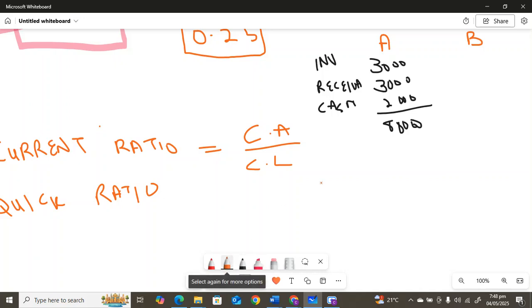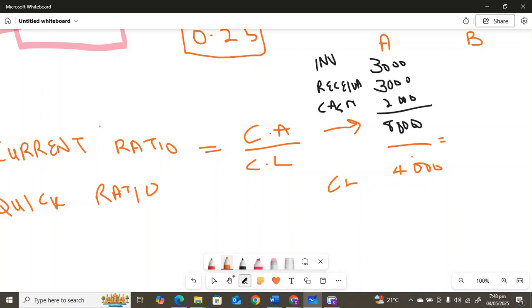And then let's say we have current liabilities. Our total current liabilities are, let's say, 4,000 kwacha here. So if one says what is the current ratio, you get the current assets 8,000 divided by the current liabilities 4,000.